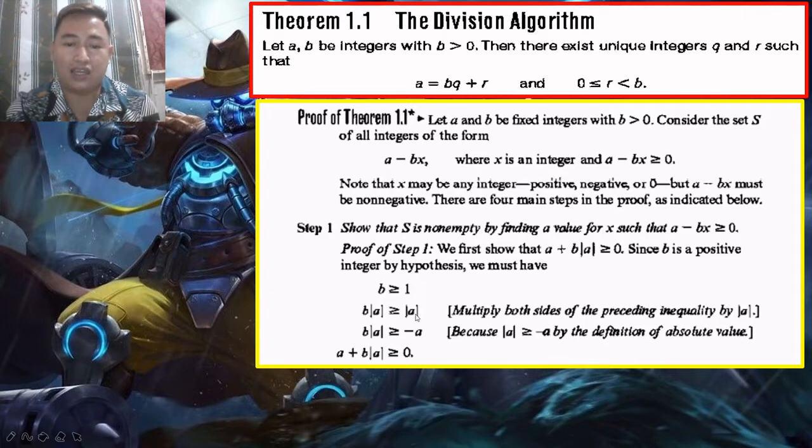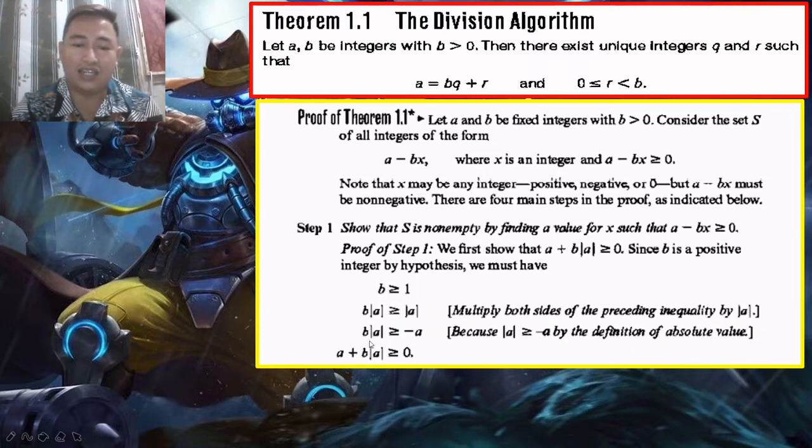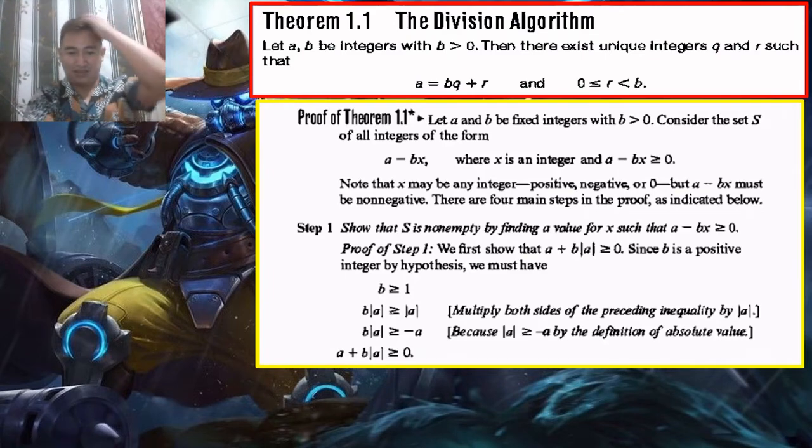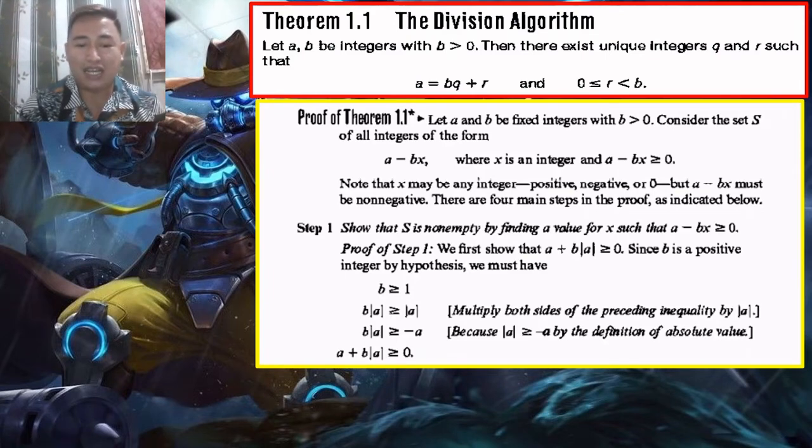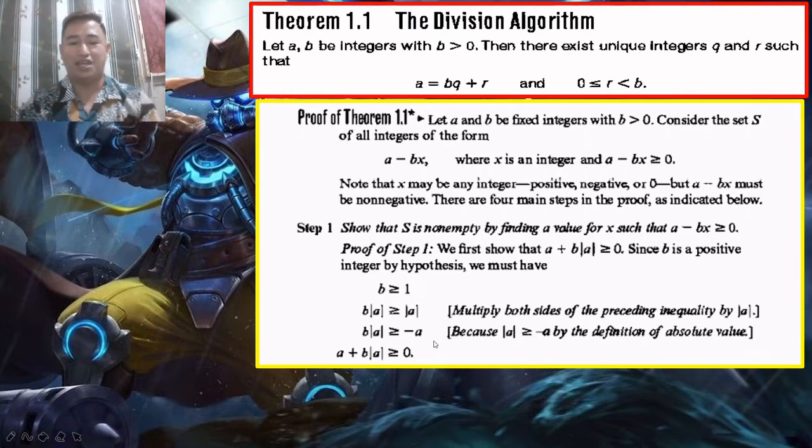So meaning, dako pa ani si negative a. Okay. Pagkahuman kay minus a. So mag-plus a ta both sides, mag-0 na lang diri. So a plus b times the absolute value of a is greater than or equal to 0.